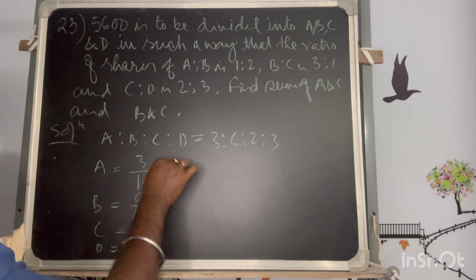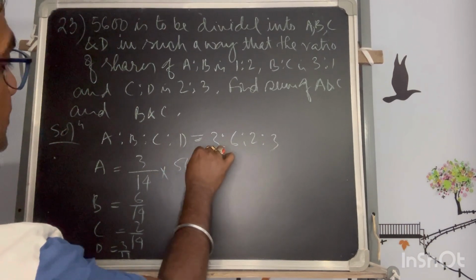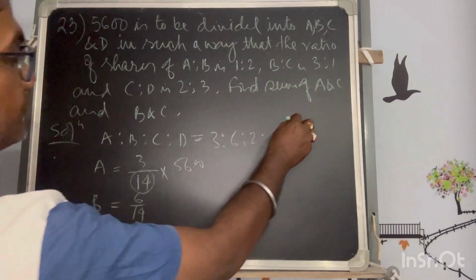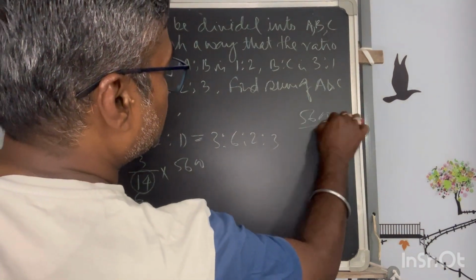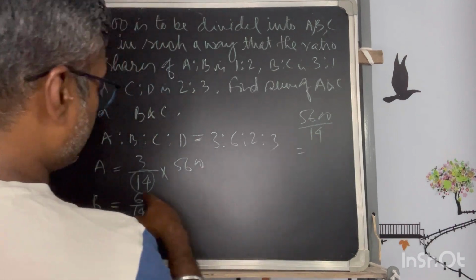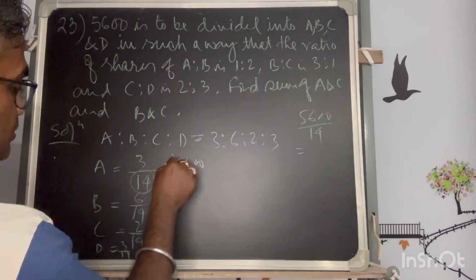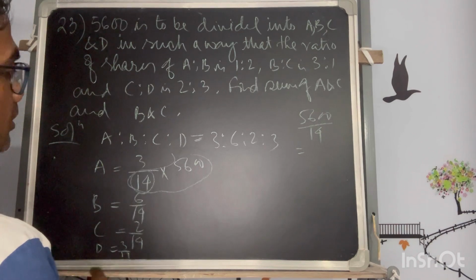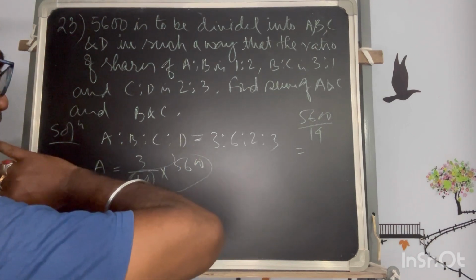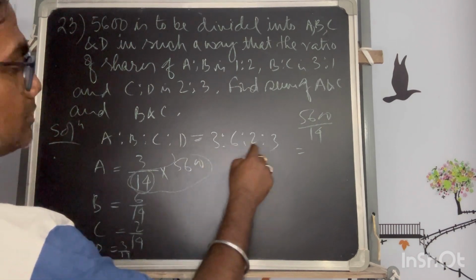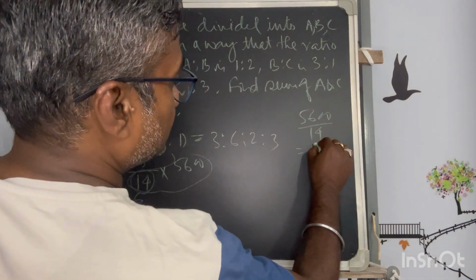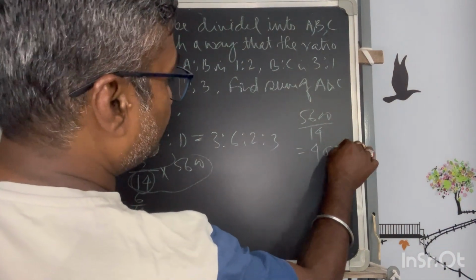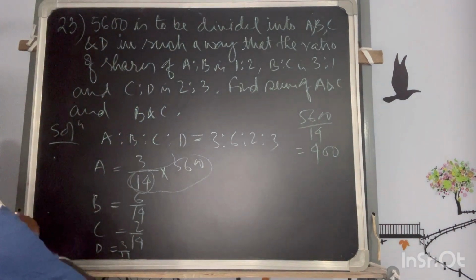Now multiplied with 5600, this is common for all, so if you can calculate this part, you only have to multiply it with the numerical in the ratio. So what is that? 400. So 400 for this case.